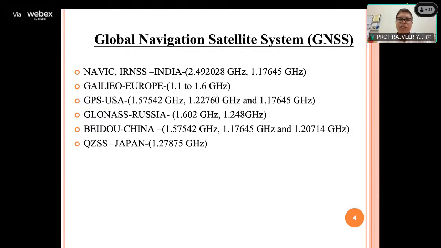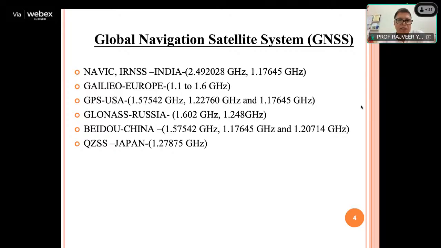Of course, Russia is also leading in this domain, and these positioning satellites are known as GLONASS, which has 1.602 GHz as well as 1.248 GHz. China also has its own bands, and the satellite system is known as BeiDou: 1575.42 MHz, which is the L1 band, 1176.45 MHz, which is the L5 band, and 1207.14 MHz, which is a different band. So they also have their own positioning system.